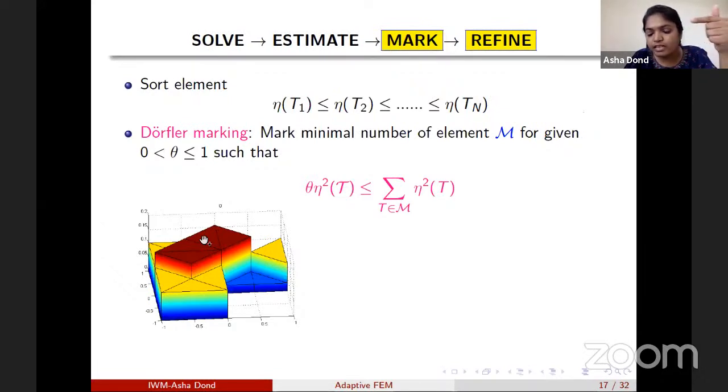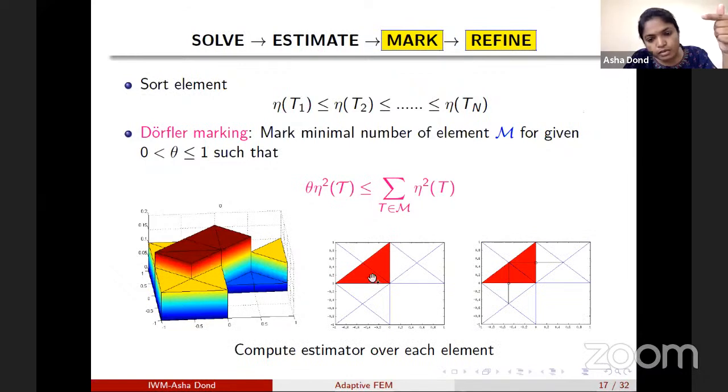So we need to refine them. We mark these two triangles which we want to refine, and then apply our refinement algorithm. These two triangles get refined, and to maintain conformity of the mesh, we have to refine the neighboring triangles. In this way we get another triangulation, and we go to the solve step again and apply the loop solve, estimate, mark, refine again and again.